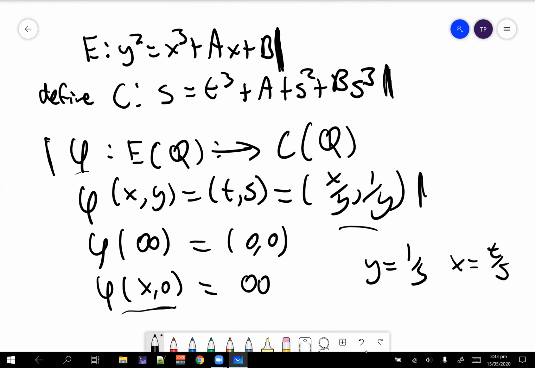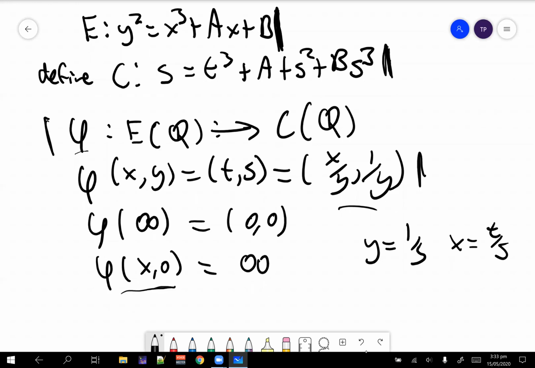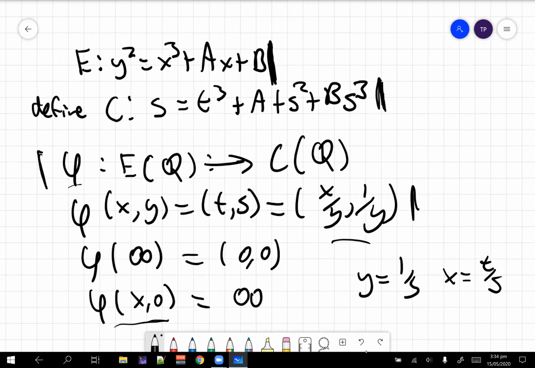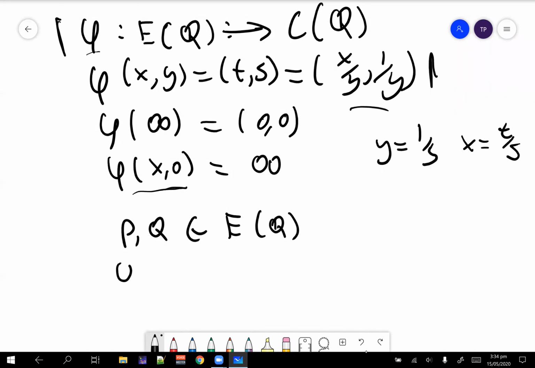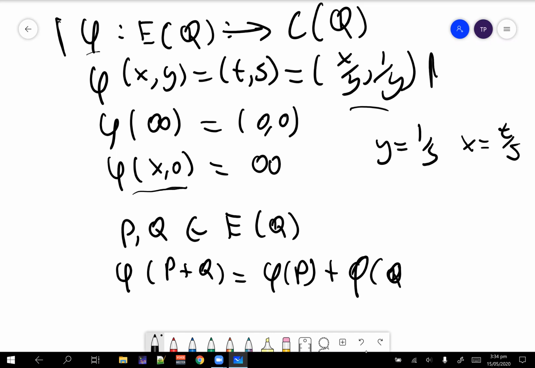So if you think about that, that means if we take 2 points P and Q inside the rational points of E, then phi of P plus Q is equal to phi of P plus phi of Q. Although you have to note that on this side, addition is taken over the point at infinity, so when we take negatives, we flip it over the x-axis.